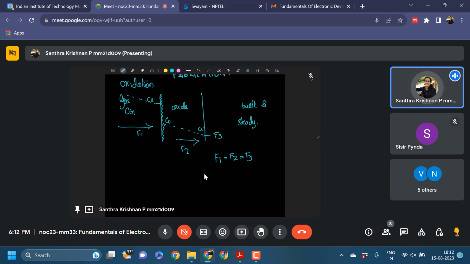Now we need to find the expressions for F1, F2 and F3. And then upon solving, we will get the conditions for reaction control and diffusion control oxidation. Is that clear till now?